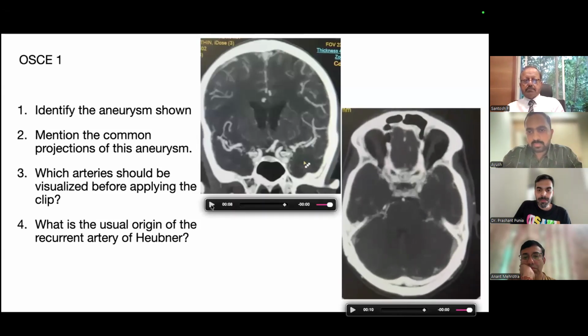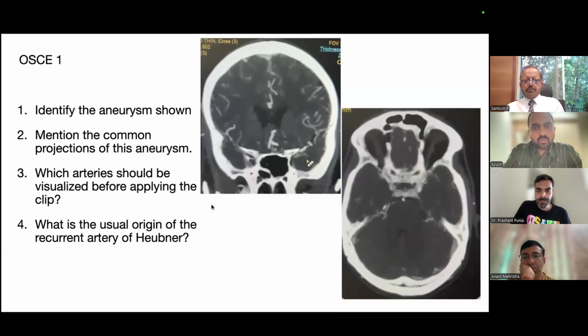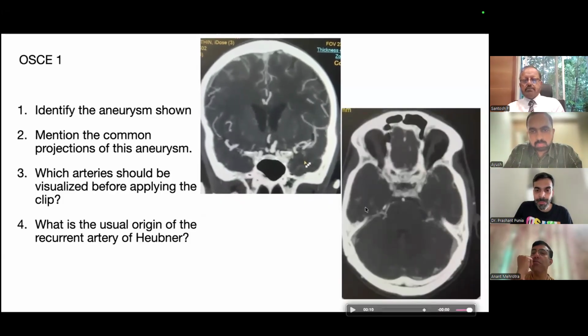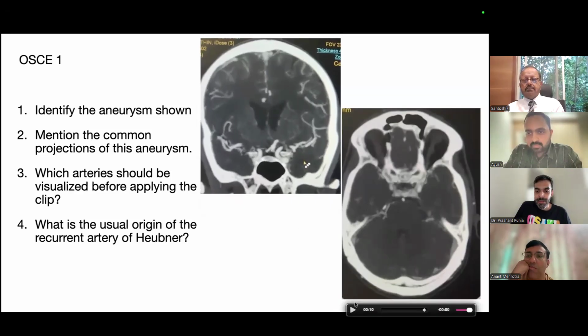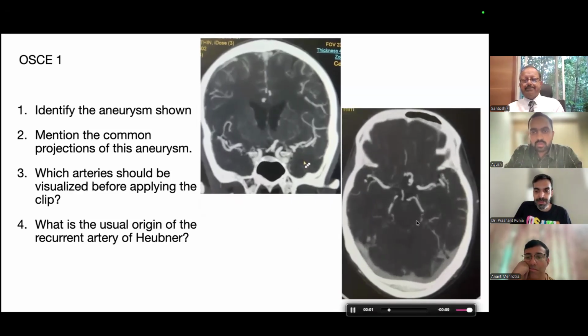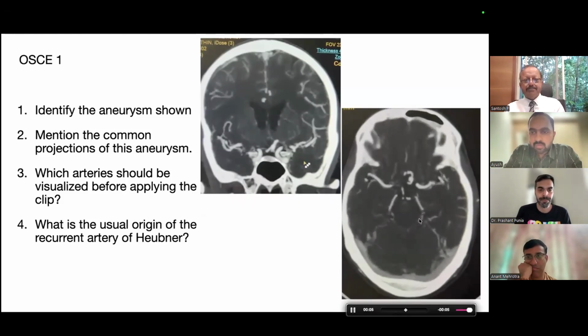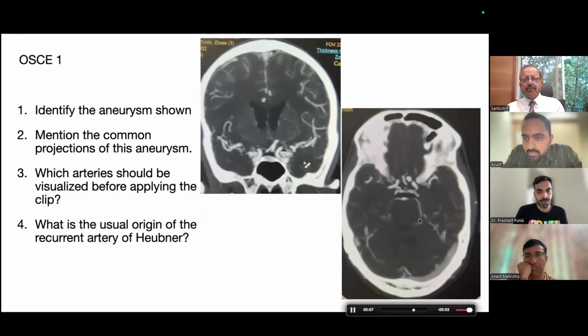So if I'm not wrong, ACOM aneurysm. ACOM or PCOM? I have told ACOM. Okay, so that is an ACOM aneurysm.